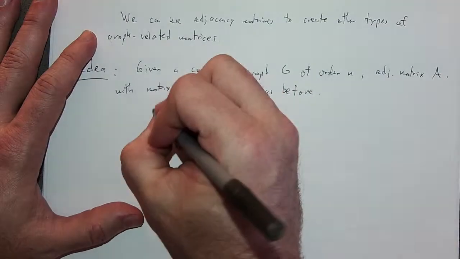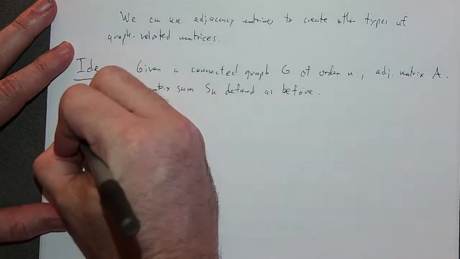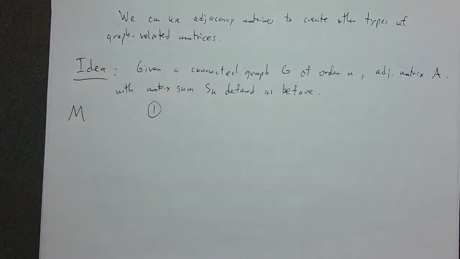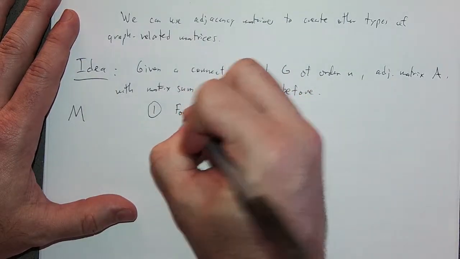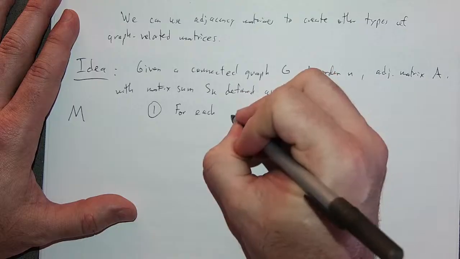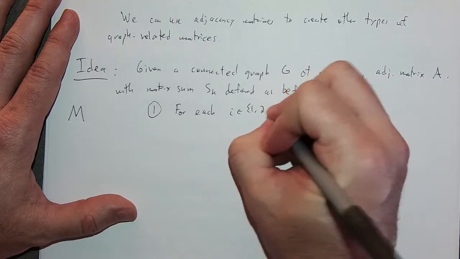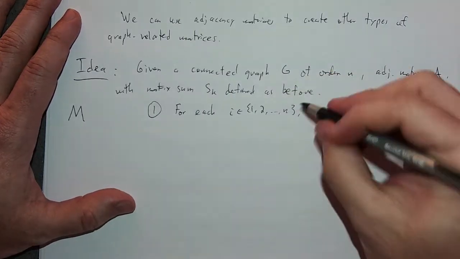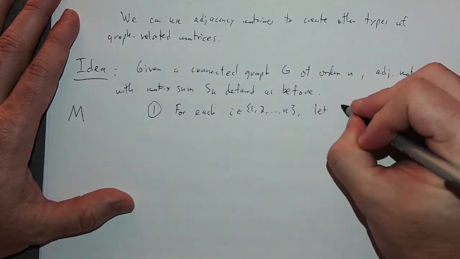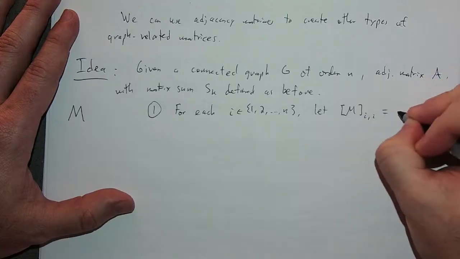Then we're going to create a matrix M. Okay, so here is our process. First, for each i in the set 1 to n, let the iith entry of M be 0.